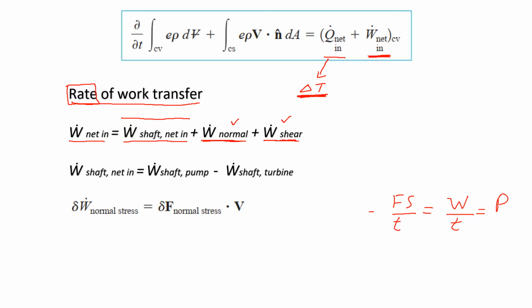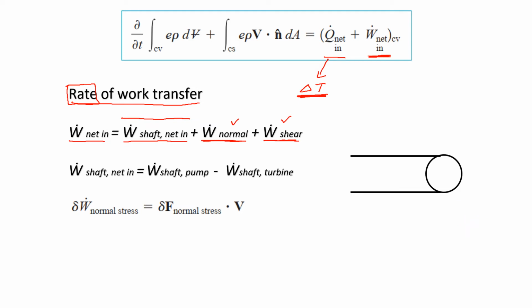So let's look at an example, and in an example we have a pipe and we have a control surface. So this is the control surface of that pipe, and this is the control surface out. So here the fluid is coming out. When the fluid is coming out, it will encounter an outside pressure.